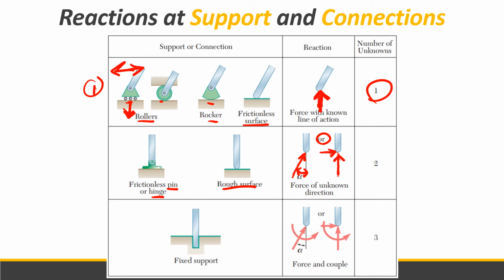So merong dalawang force that is on the x-axis and the y-axis. So dapat toward. So for example, roller dapat upward. Yung hinge naman is dapat in compression doon sa member. So meron tayong dalawang unknowns.